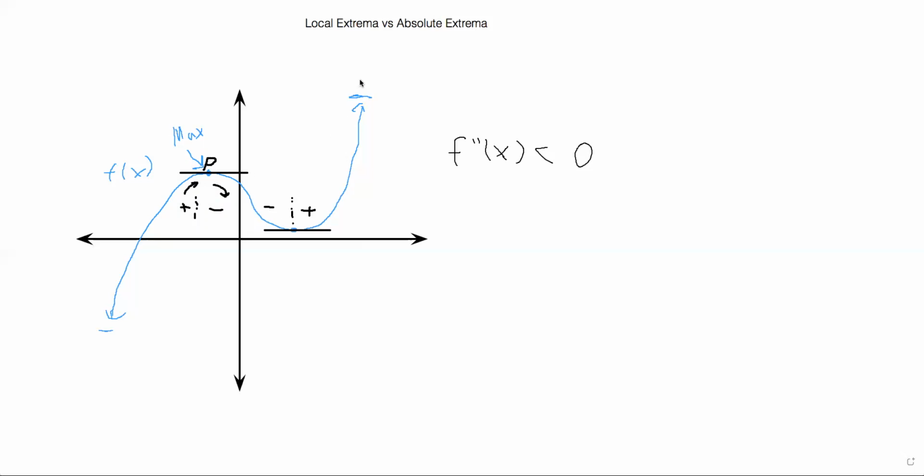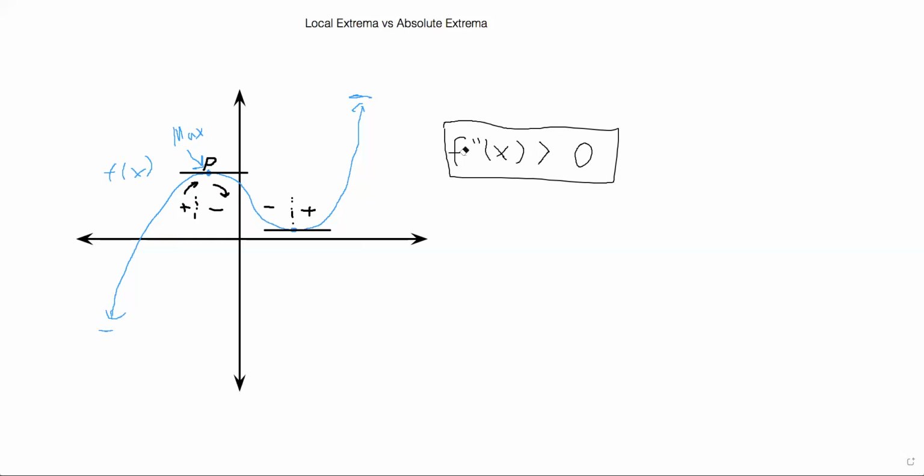And likewise, for it to truly be a global minimum, we have to have a positive second derivative. So it does the opposite of what we would expect. For it to be a global maximum, that condition has to be true, and for it to be a global minimum, this condition has to be true. I mean, it makes sense.